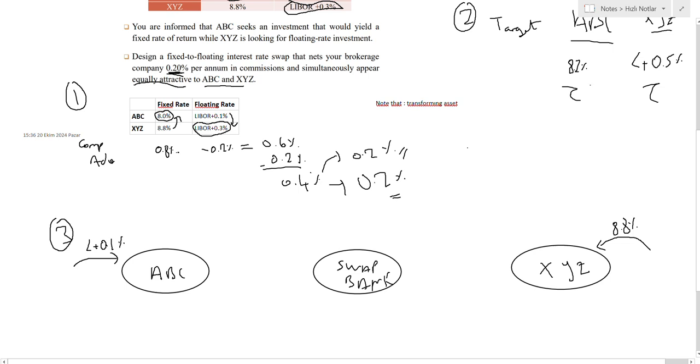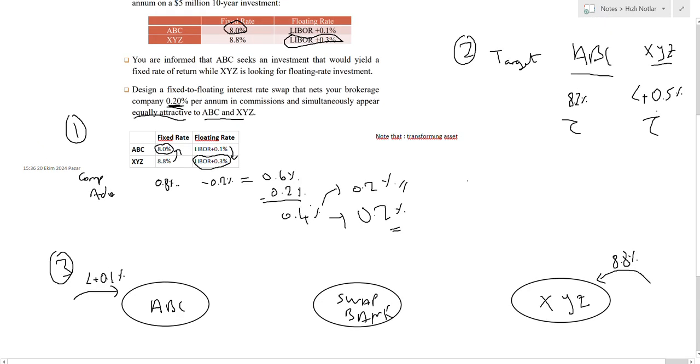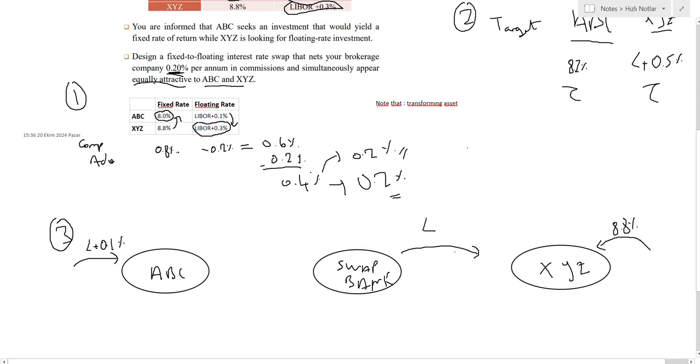Okay, so after doing that, look at your target. ABC wants 8.2% and XYZ wants LIBOR plus 0.5%. So how can we do that? We need to give XYZ a LIBOR, because XYZ company at the end of the day wants the floating rate. Okay. Now the arrow actually shows everything.